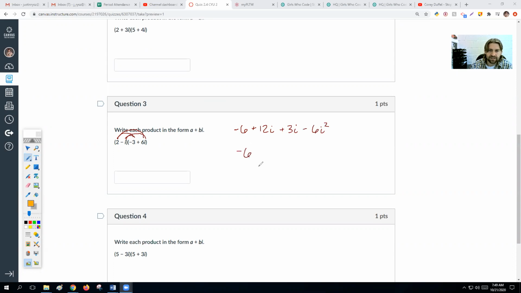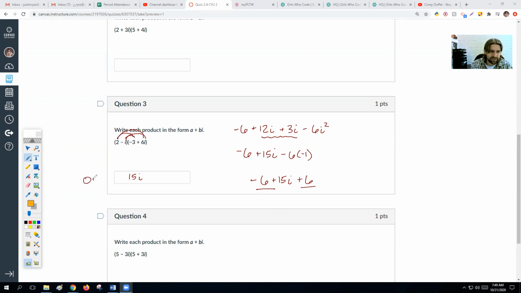So we'd have a -6. We can combine the i's together, be 15i. And then -6 times i squared is -1. So really we have -6 plus 15i plus 6, and we can combine those together. And those would actually cancel out. So we would just get left with 15i here.